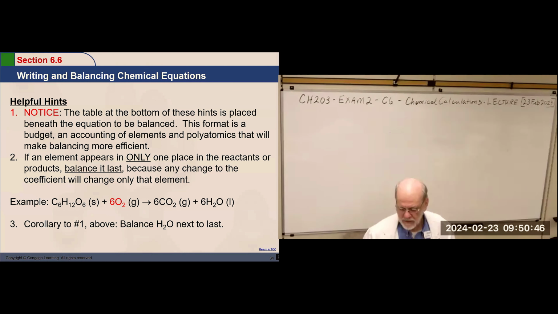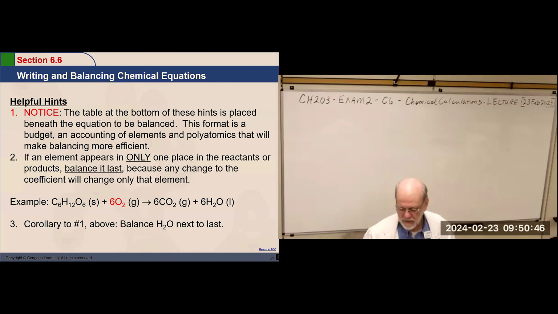But they're listed here for posterity. They're recorded while we're sharing these files. And I'm just going to leave them on there long enough to get a good recording and then move on and use these hints, these tricks, if you will, to balance equations.